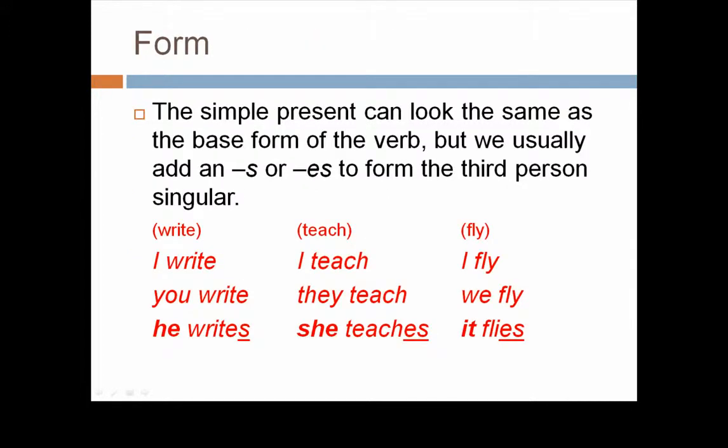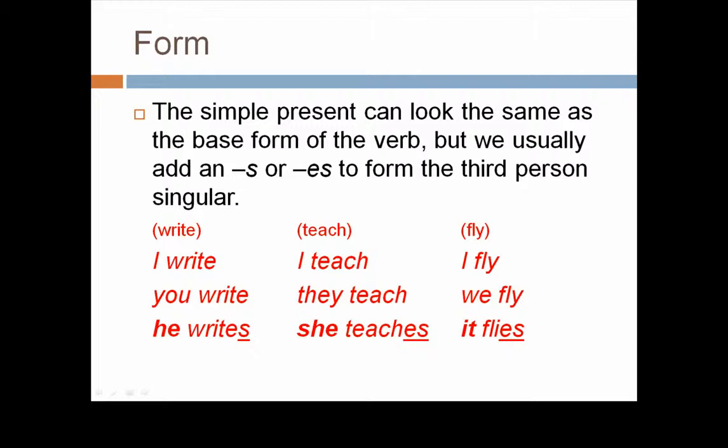Let's also take a moment to review form. As you know, the simple present can look the same as the base form of the verb, but we usually add an s or es to form the third person singular. For example, I write, you write, he writes. I teach, they teach, she teaches.